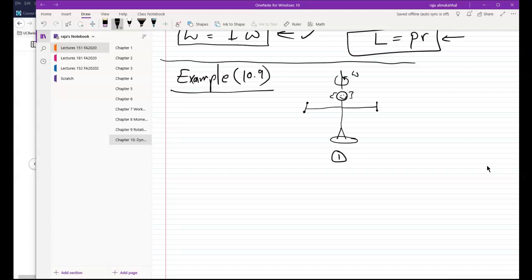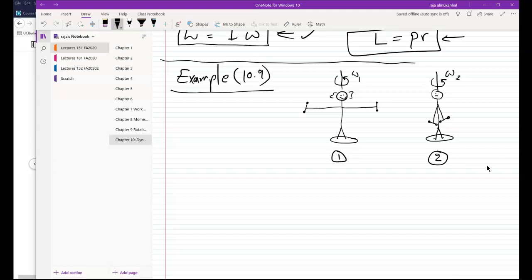And then the second situation, he is the same. I'm going to draw the same picture. Now his arms are here, the dumbbells. And he's still rotating, but slower or faster? Should be faster, right? We'll call that omega 1. That's omega 2. And that's situation number 2.